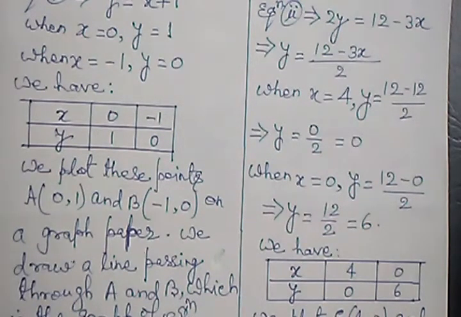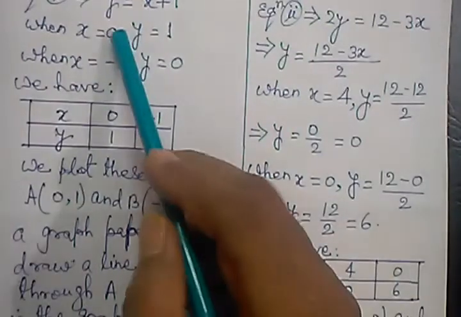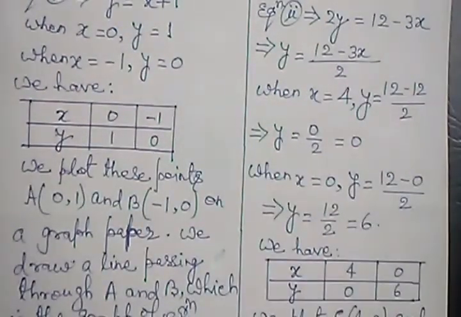If the value of y is a fraction, it will be a bit difficult to draw, and the same goes for roots, under roots, and other complicated or irrational numbers. So that's why I suggest you take the value of x in such a manner that you get the value of y also as a whole number, positive or negative integer, so that it is not a fraction.